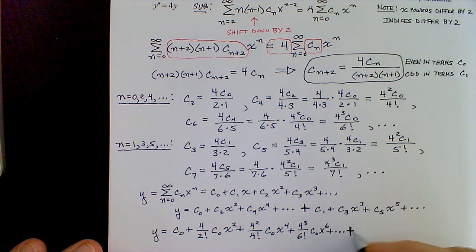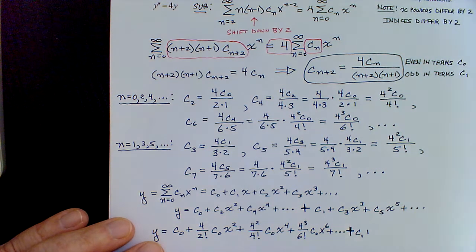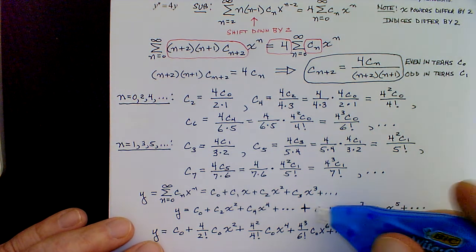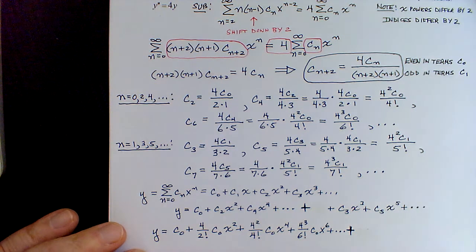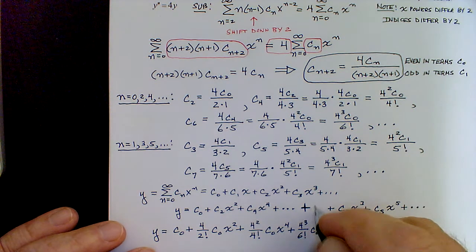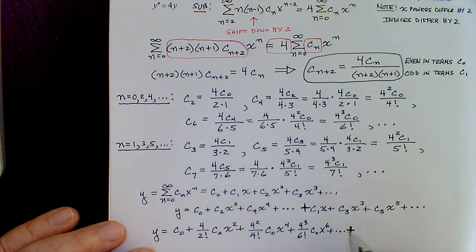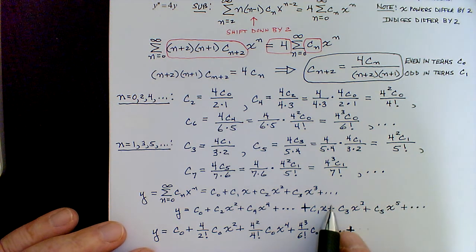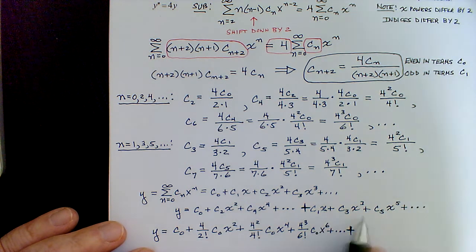and plus, let's see if I can squeeze in the odd ones here. So c sub 1 all alone, or excuse me, it's going to be c1x. I apologize for that. So the first term involving c1 will always have x to the first involved. Okay, so I made that mistake here. Everything else is fine.